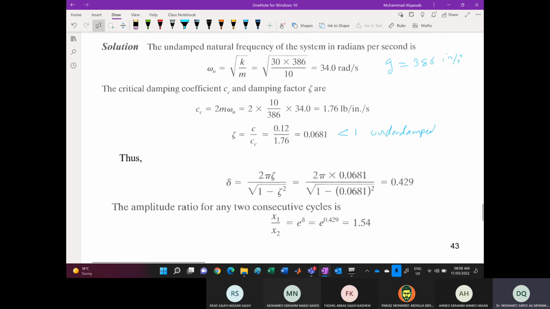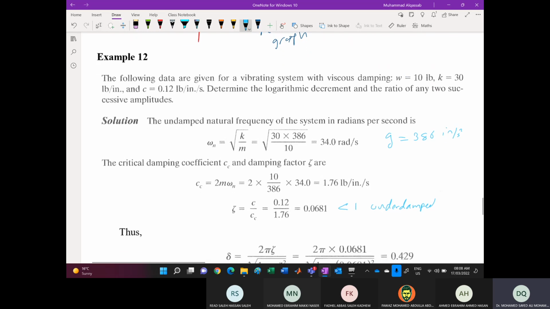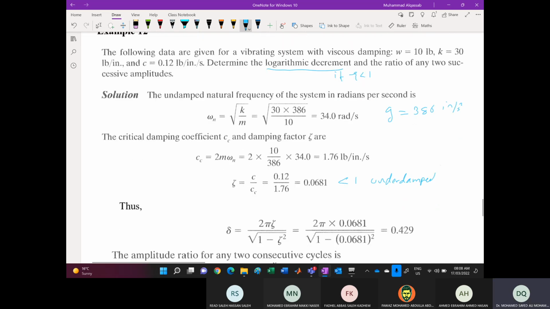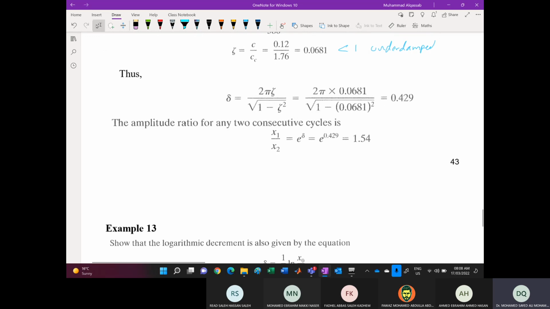Okay, and then we can answer the question. The question is to determine the logarithmic decrement, and this will be true if zeta is less than 1. Otherwise, there is no logarithmic decrement, because there are no cycles, no oscillations. Then the ratio of any two successive amplitudes: now we can proceed. After we found zeta, we can substitute here 2 pi zeta over square root of 1 minus zeta squared.